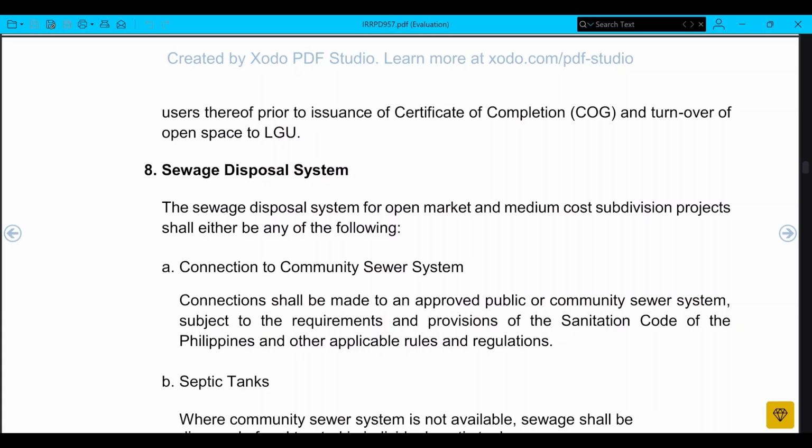8. Sewage disposal system. The sewage disposal system for open market and medium cost subdivision projects shall either be any of the following. A. Connection to community sewer system. Connection shall be made to an approved public or community sewer system subject to the requirements and provision of the Sanitation Code of the Philippines and other applicable rules and regulations.